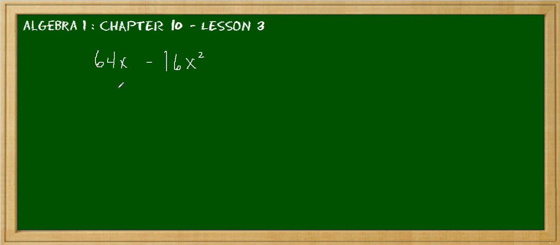So let's just pause for a second and take a look. As we increase numbers here, this number is going to increase, right? So as x increases, notice what happens here though. As x increases, x is going to be squared, then multiplied by 16. So you know that when you start squaring a number, it starts getting larger faster, okay?